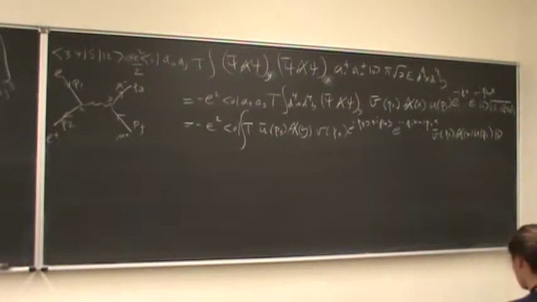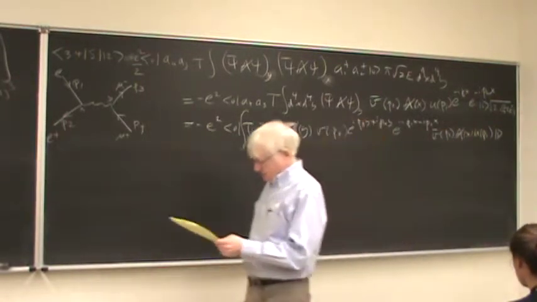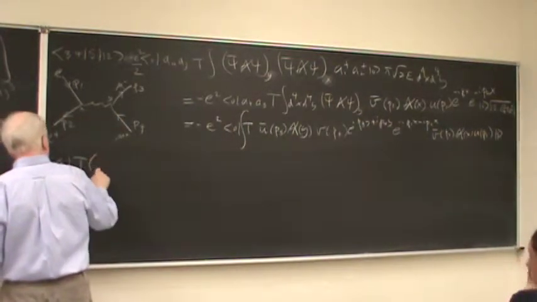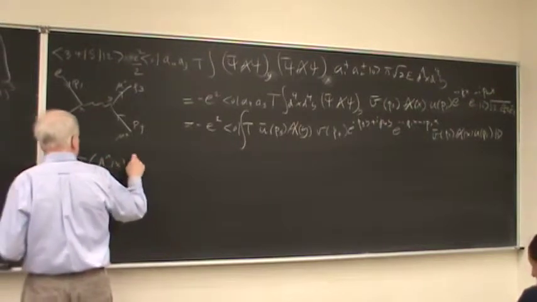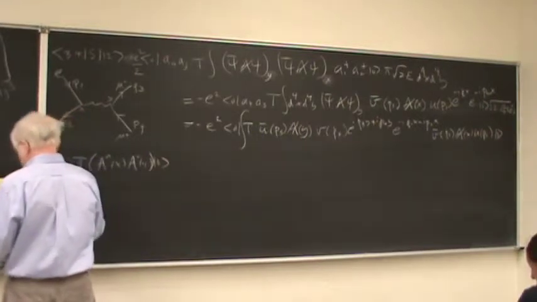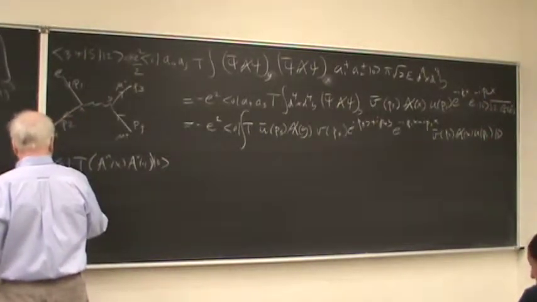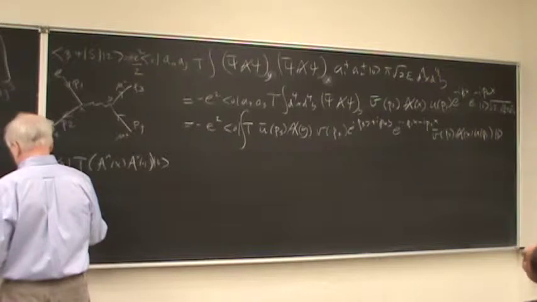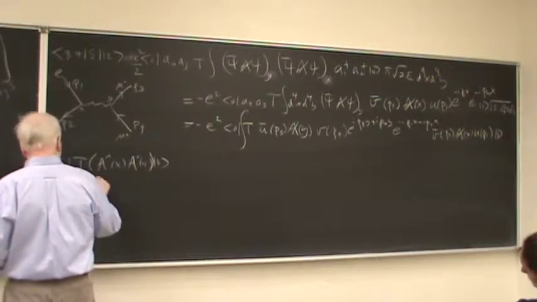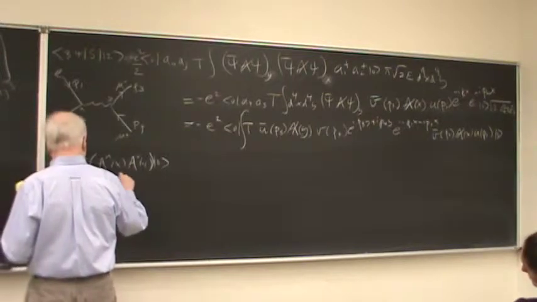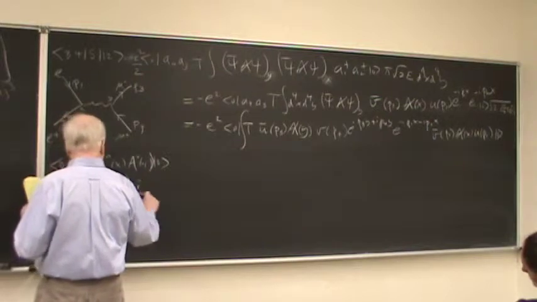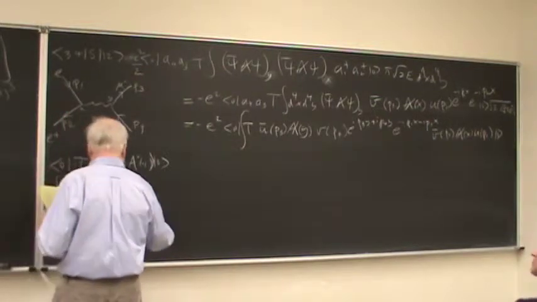And let's recall what the photon propagator is. 0 time ordered product, A mu of x, A mu of y, 0, is, in all its glory, the integral d4p over 2 pi to the 4th, e to the i p x minus y, minus i over p squared plus i epsilon.